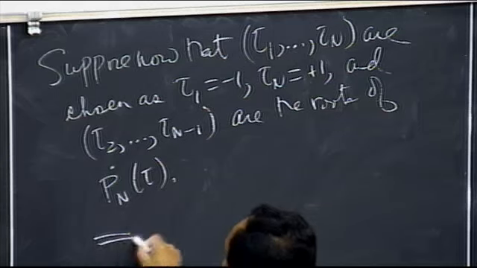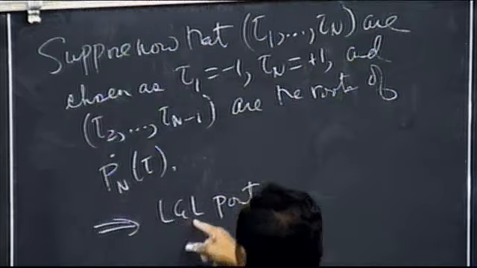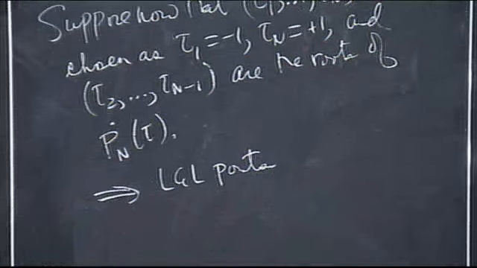These points are called the LGL points, or the Legendre-Gauss-Lobatto points. Okay?